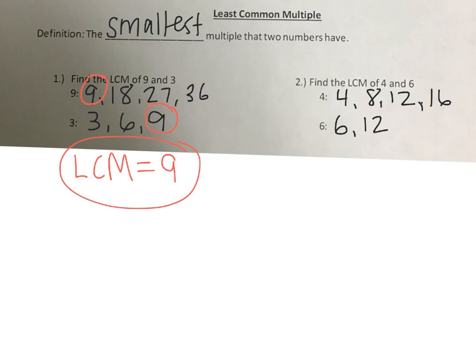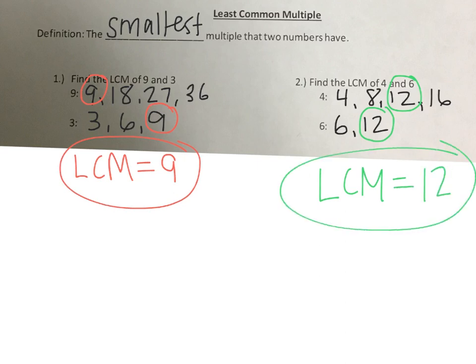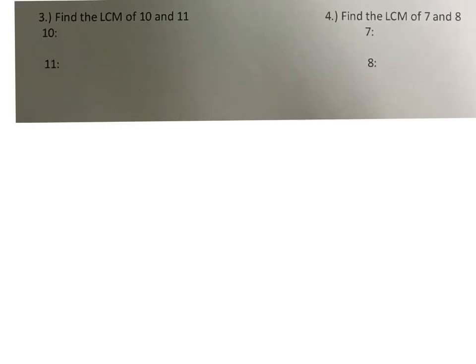We found our least common multiple is 12. So LCM of 4 and 6 is the number 12. Go ahead and try number 3 and 4 by yourself, and then check back with the video so you can check your answers. Good luck!